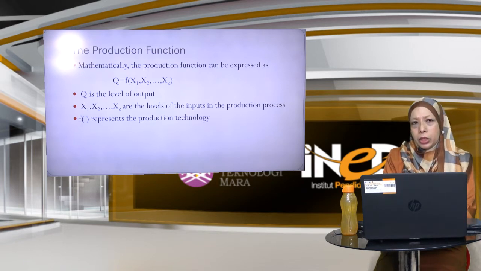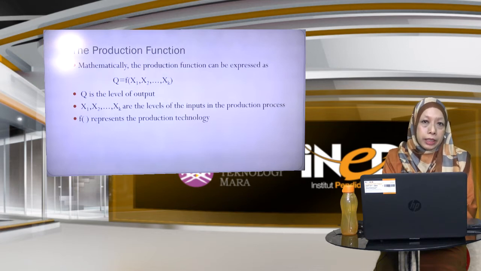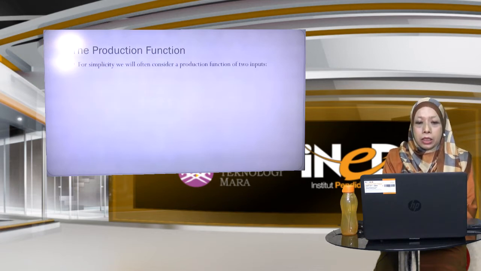Now, as I mentioned just now, there are different types of inputs, ranging from land, labor, capital, and entrepreneurial ability. But in this course, we tend to simplify things by considering only two resources, namely labor and capital.